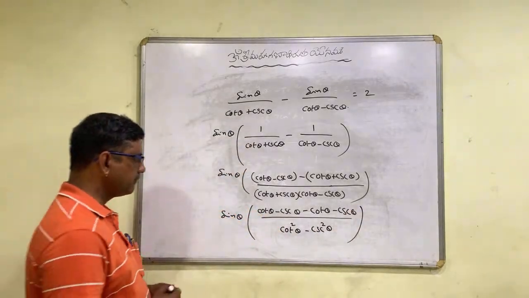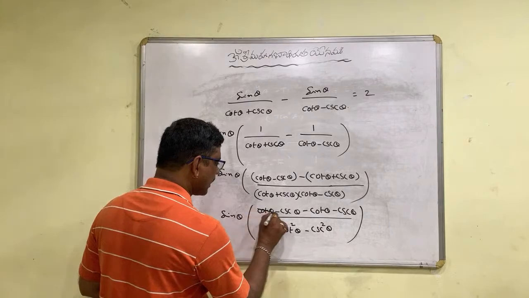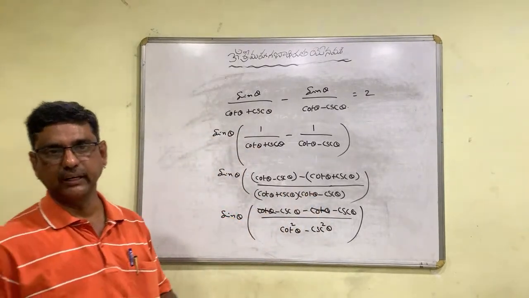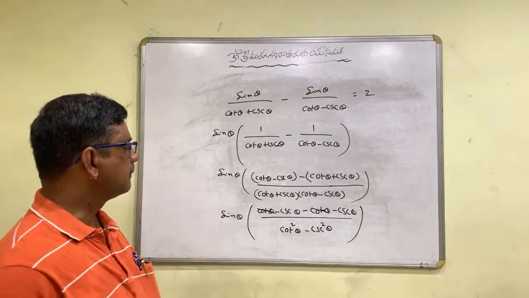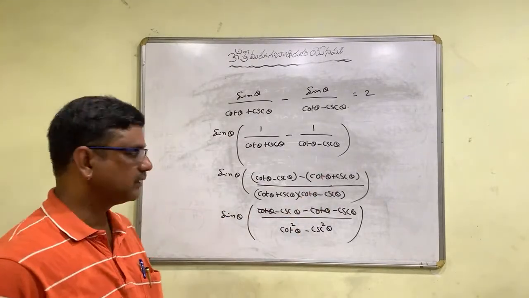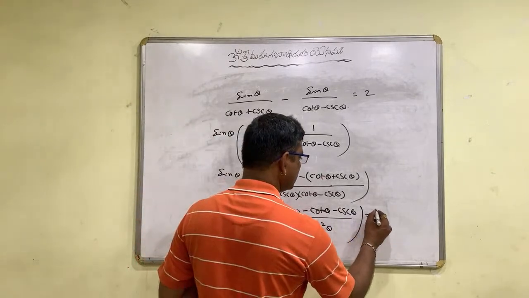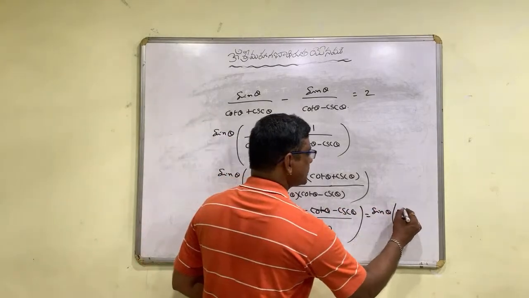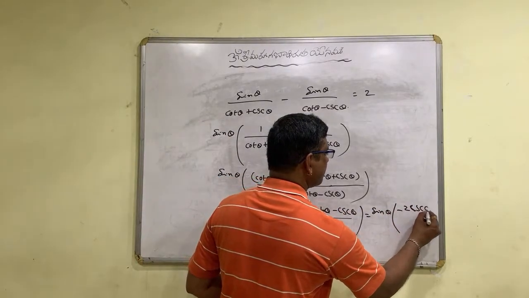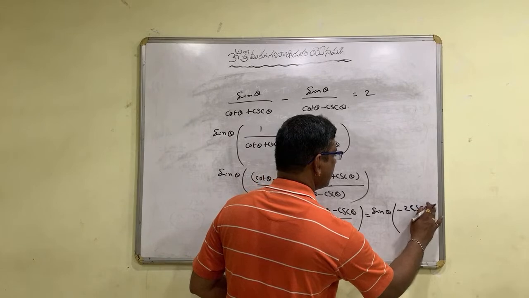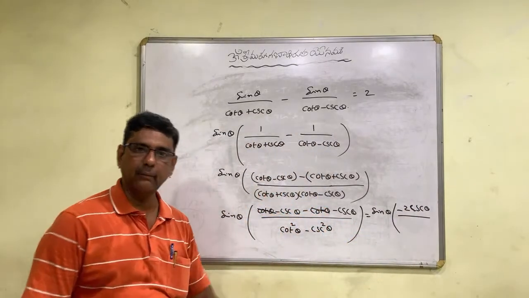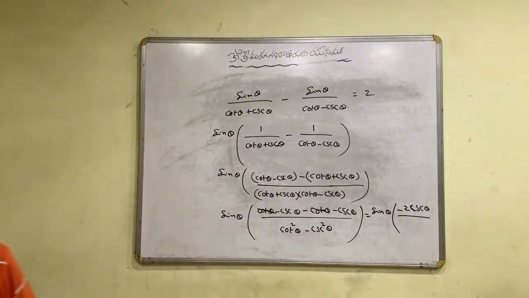Now if you see this, plus cot theta minus cot theta get cancelled, and we will be remaining with sin theta into minus 2 cosecant theta by, any guesses for the denominator?